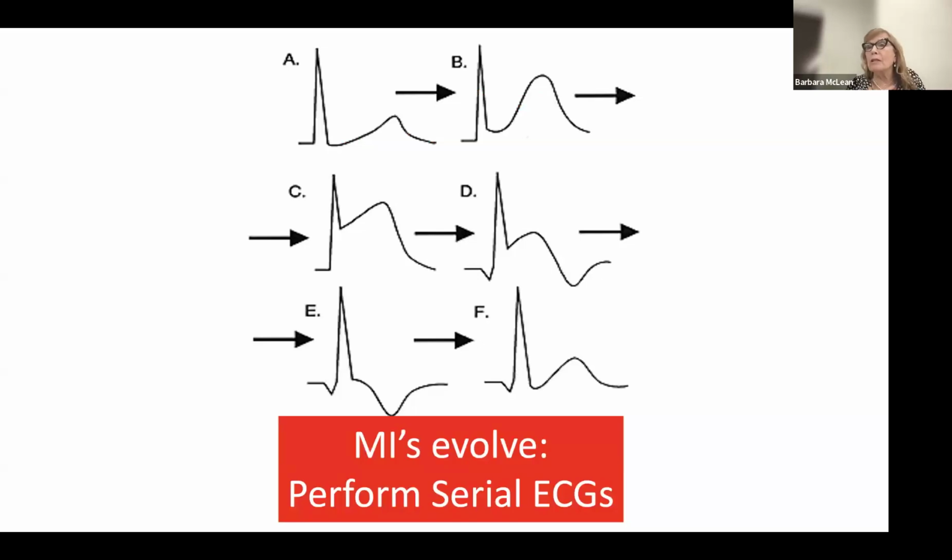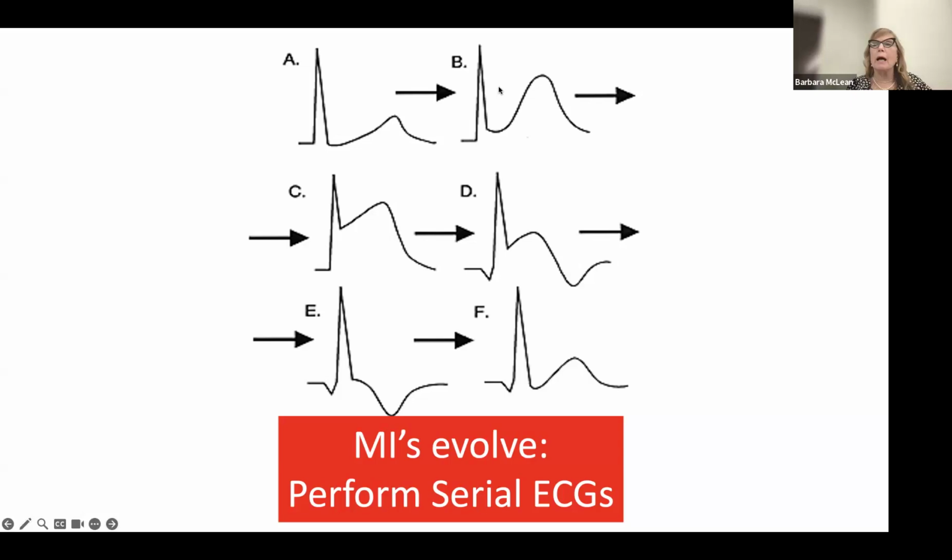So one of the most important things to remember is that whenever we suspect that a patient is having a myocardial infarction, we always want to perform serial EKGs. Serial EKGs actually help us to capture our patient's evolution. And that's a really important thing. So this A is a normal EKG.